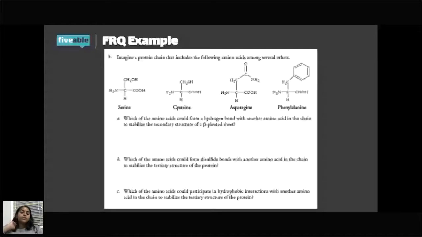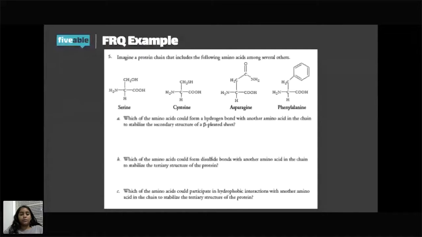Okay, so with this FRQ example, it gives us 4 diagrams of some amino acids that are in a protein chain with a few other amino acids. So A is asking us which of the amino acids could form a hydrogen bond with another amino acid in the chain to stabilize the secondary structure of a protein.